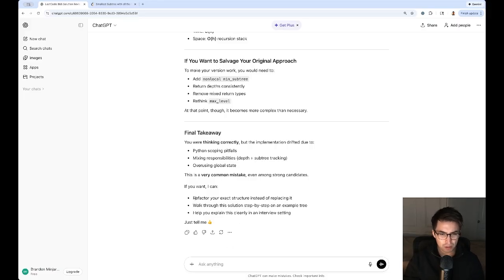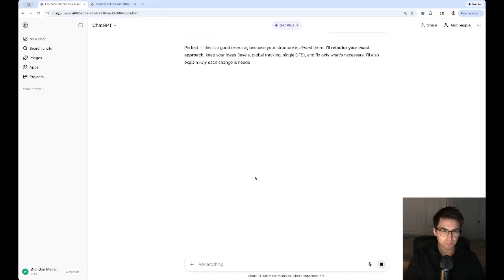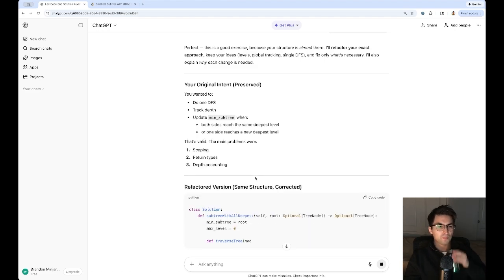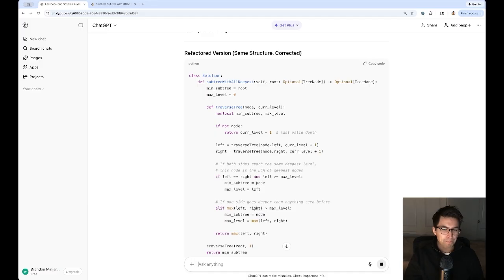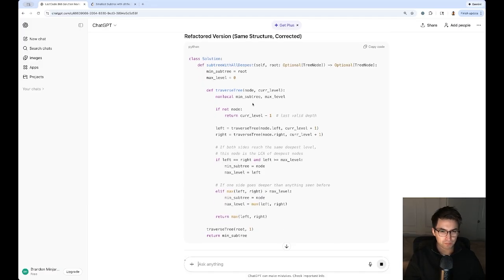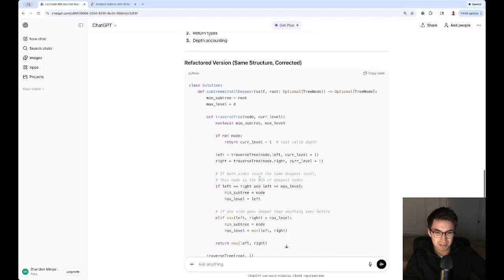Let's see the refactored version. If they have the same deepest level, this node is the LCA. What is that? Least common ancestor?